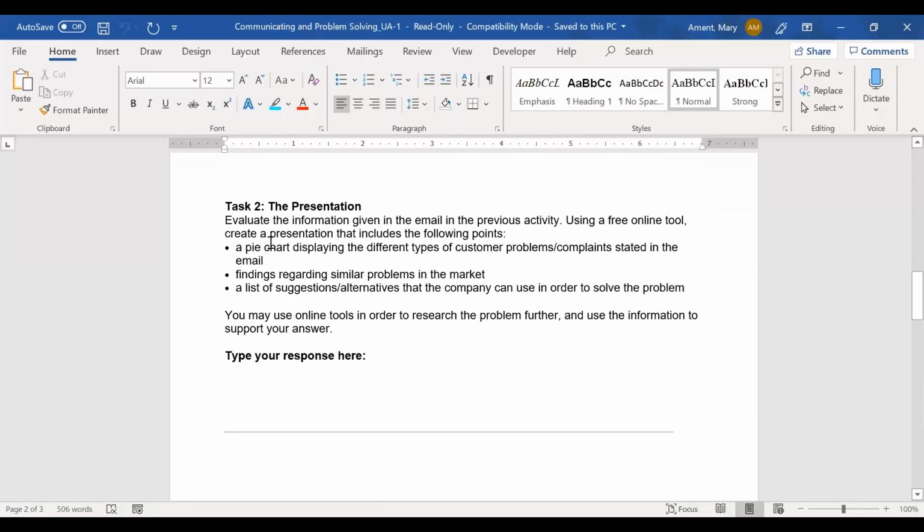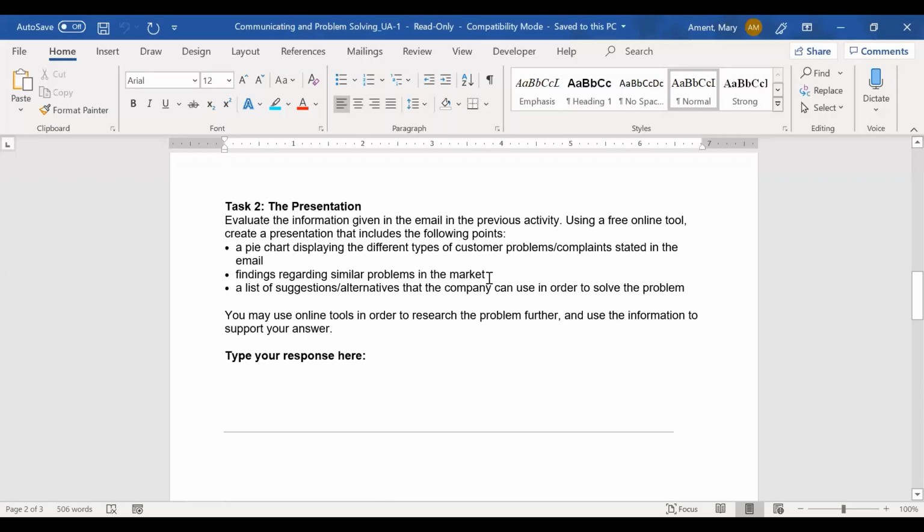In the presentation, you should have a pie chart that explains the different types of problems and complaints the customers stated in the email. You should also have a slide that includes some similar problems that maybe other companies similar to that one have found with products, medications, other things like that, and making note of the problems, the issues that they had.